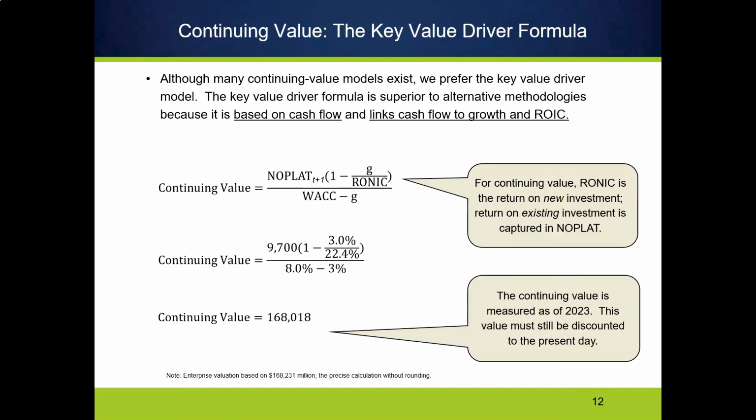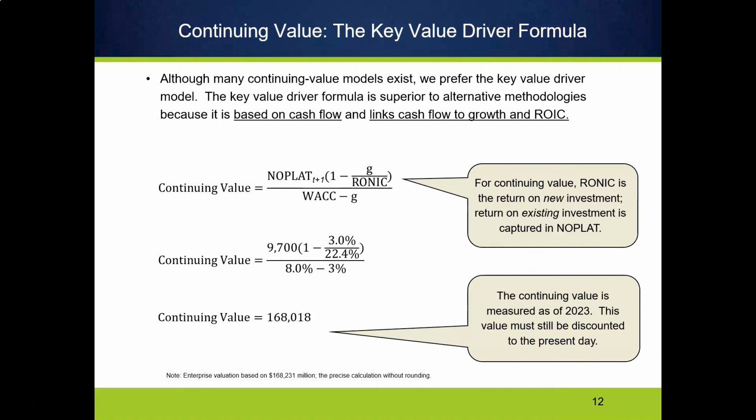Okay? And the continuing value is what we talked about in chapter 2. This is the key value driver formula. It is establishing the terminal free cash flow for the firm. And once we get to this point where we have stopped making explicit assumptions about the future, we are going to assume the future enters what we call a steady state, or where everything remains the same for the future.